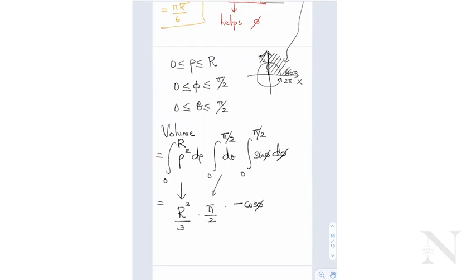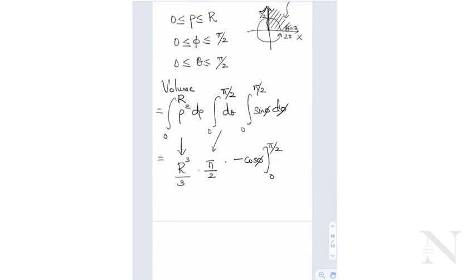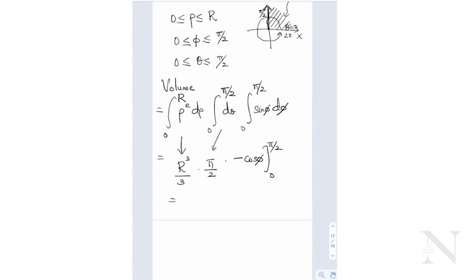Don't try to hide the negative, thinking, oh, the answer is somehow wrong or something. Just write everything as you know it, right? The integral of sine is negative cosine, and if you do the math right, it should take care of itself. This is pi r to the power of 3 over 6. There is a negative there, times cosine pi over 2 minus cosine 0.